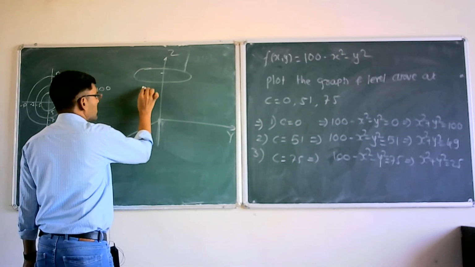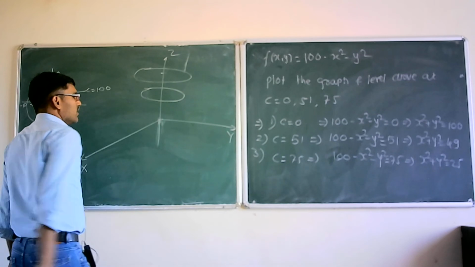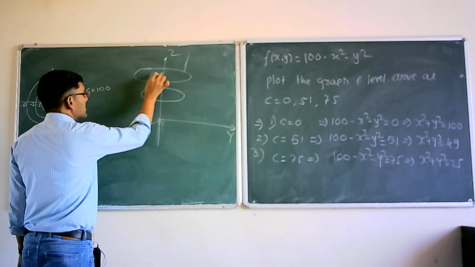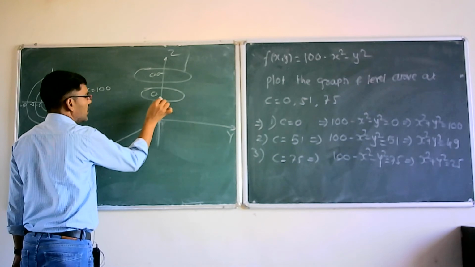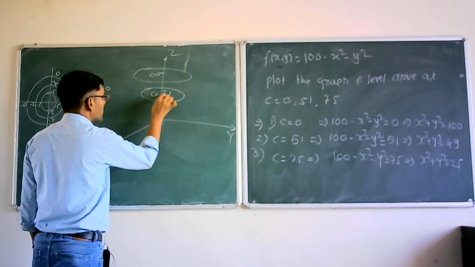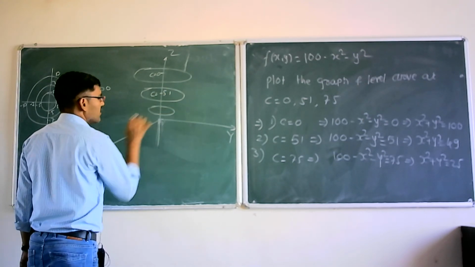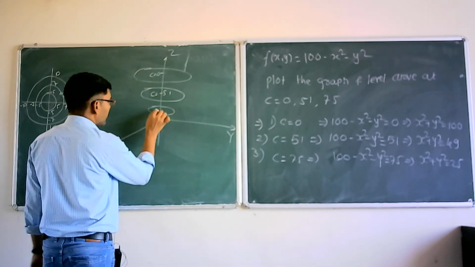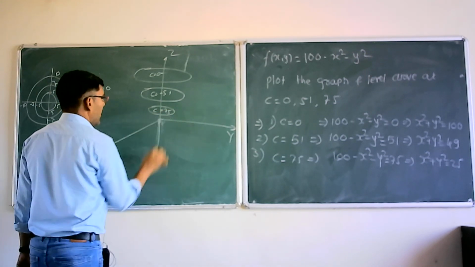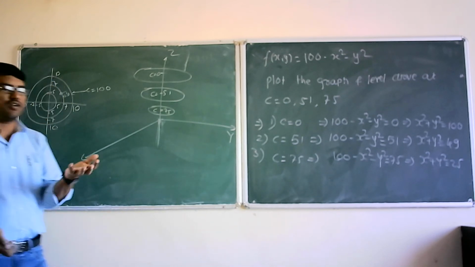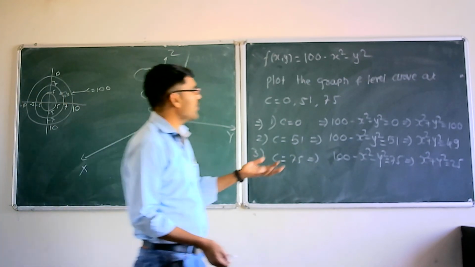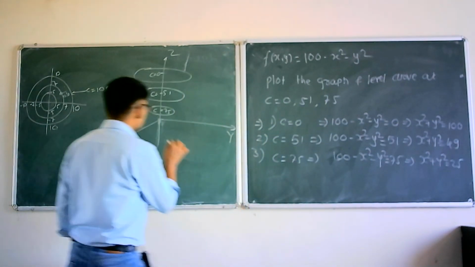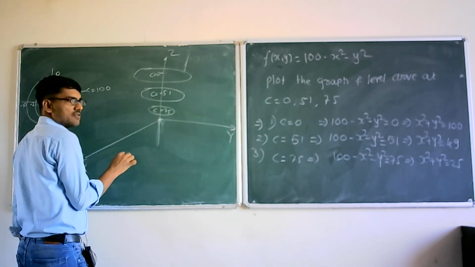Next circle having radius 7, c is equal to 51. Next, c is equal to 75. And next, if we take c is equal to 100, then what happens? If c is 100, then x square plus y square is equal to 0. That is a point circle only.